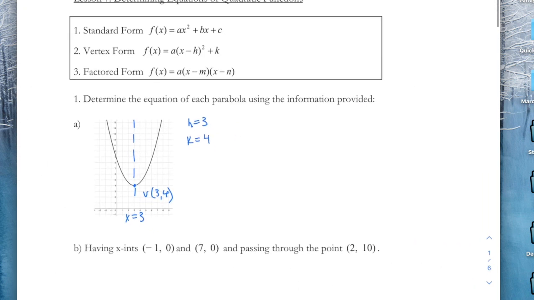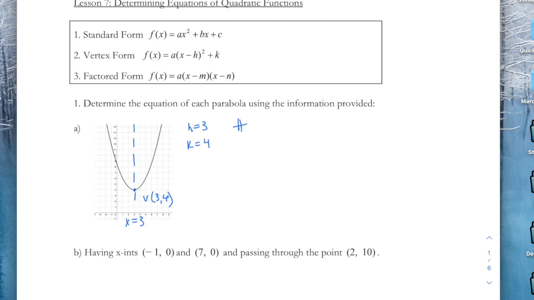So in this case, I'm going to start with form number 2, vertex form. And that's convenient because the first information I got was the vertex. Now, we don't know anything about a, so at the moment we can't write anything in, but we can start here.